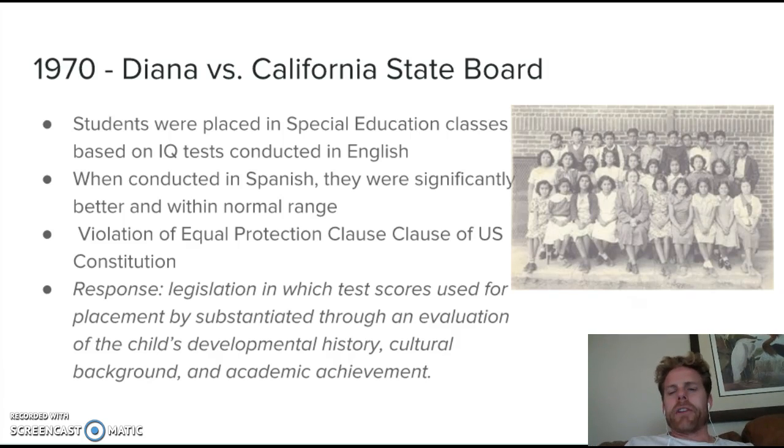And what they found is that a lot of these students, if these tests were performed in their native language, would actually do just fine. So basically, there's a law that says that these test scores have to be used with an evaluation of the child's developmental history, cultural background, academic achievement, and most importantly, in their home language. Now, this is particularly interesting because overrepresentation of English language learners is still quite problematic today.